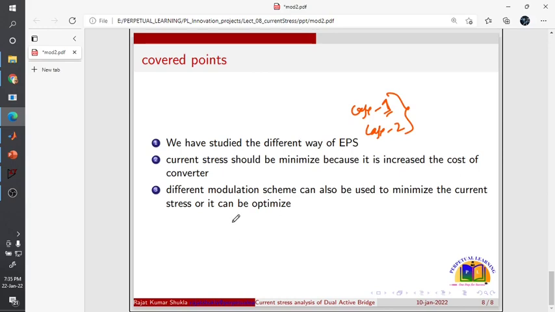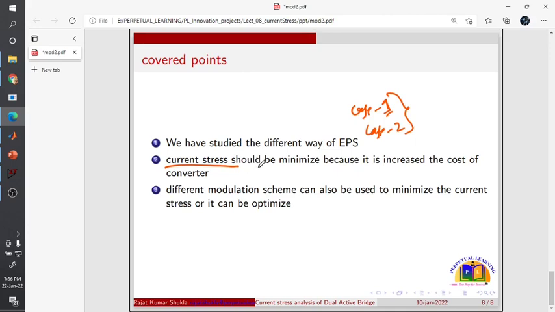If the current stress is high, then you need a higher rating of devices, and the cost of your converter will increase again. This is very undesirable, so you have to minimize the current stress of the device, right?